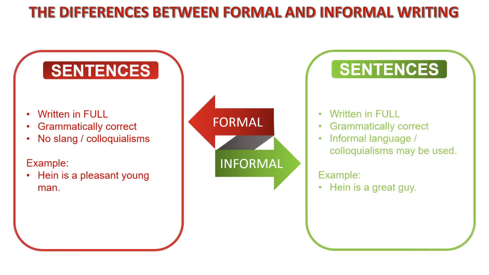Sentences must be written out in full and grammatically correct in both formal and informal writing. However, you are allowed to use informal language when it comes to informal writing. But in formal writing, slang is not acceptable.